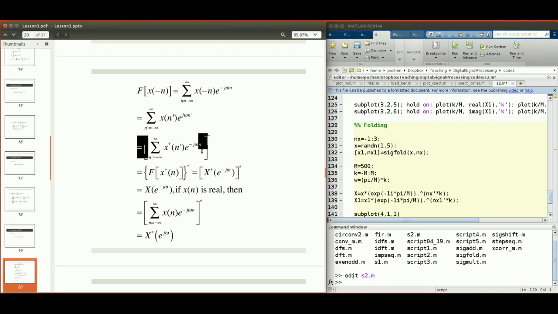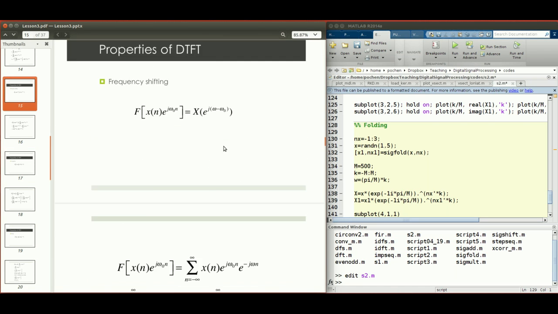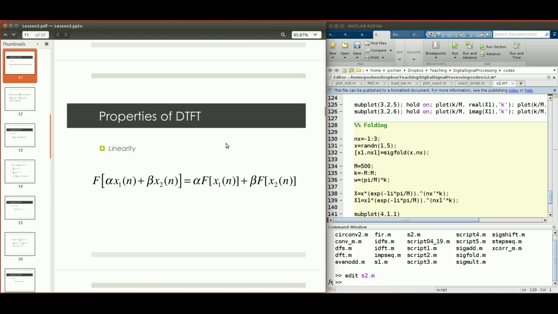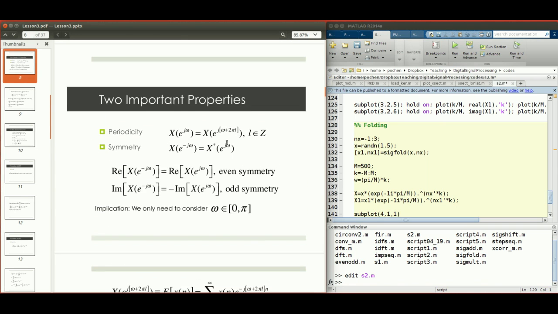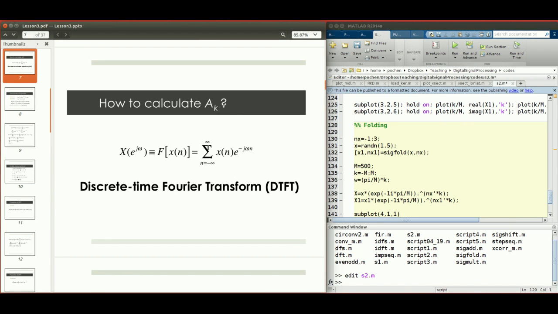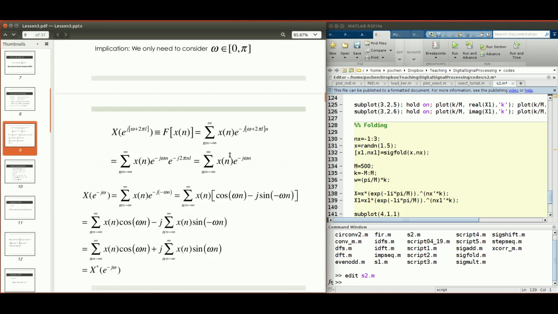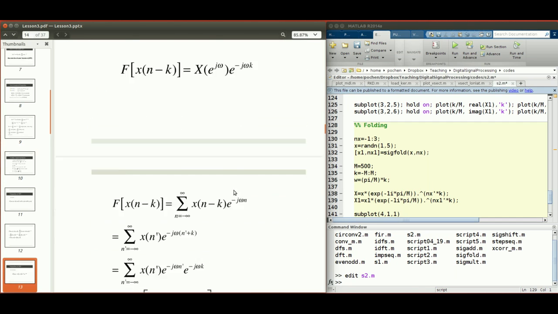So if you compare this formula with the Fourier transform formula, you can of course replace n with n prime, and the input signal is replaced with x star instead of x. So it's actually the Fourier transform of x star, the stuff in the square bracket.